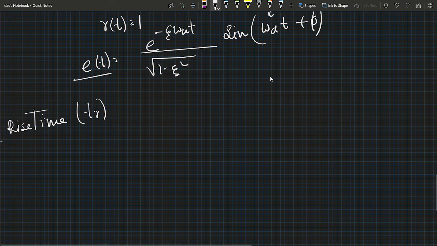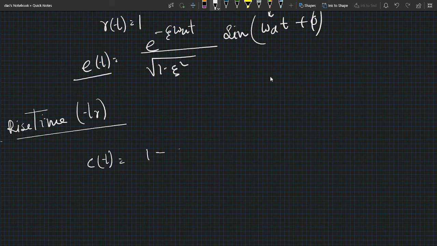Now we already know that the rise time is the time needed for the response to go from 10% to 90%, or 0 to 100%, of the desired value of the output. So first of all, we derive from this expression. What is our value of c(t) in a second order system?